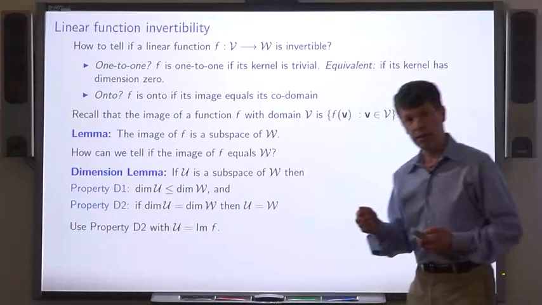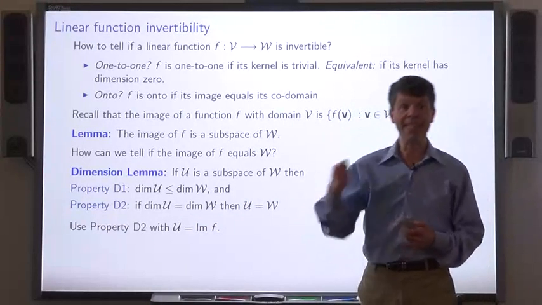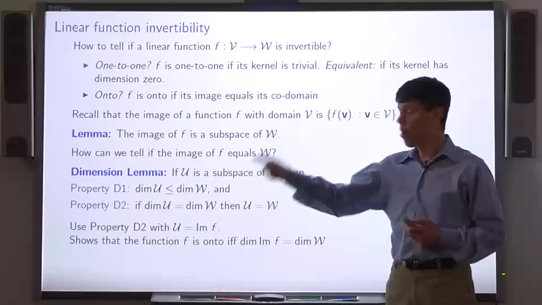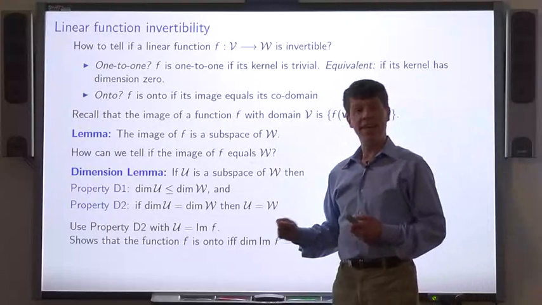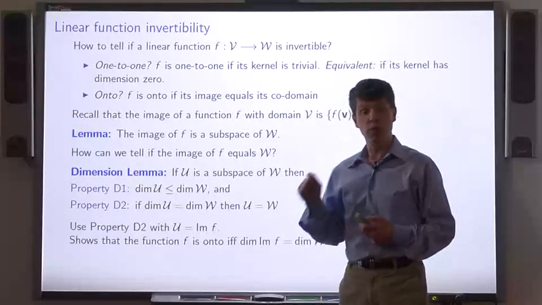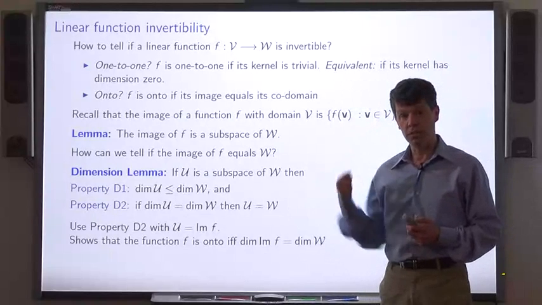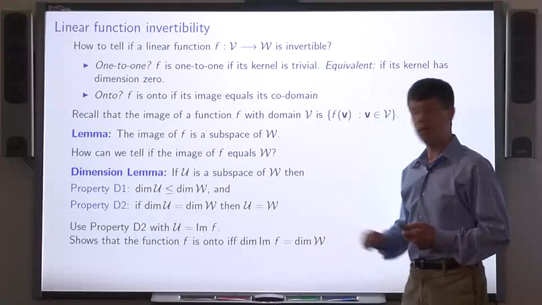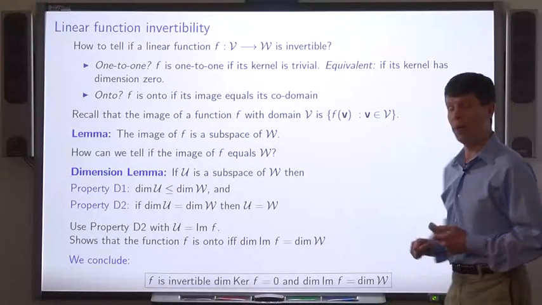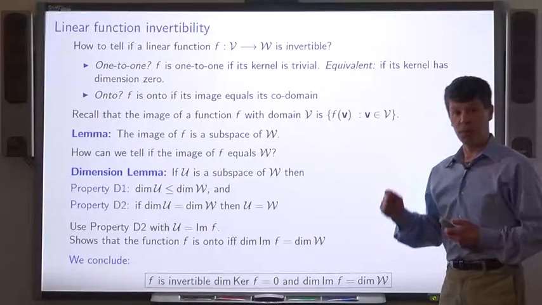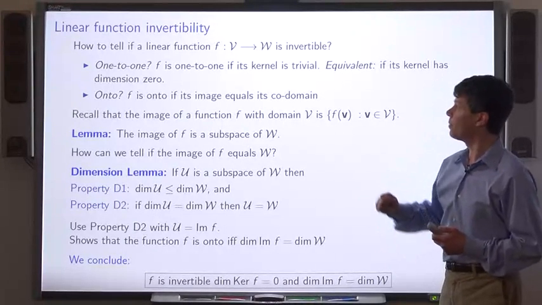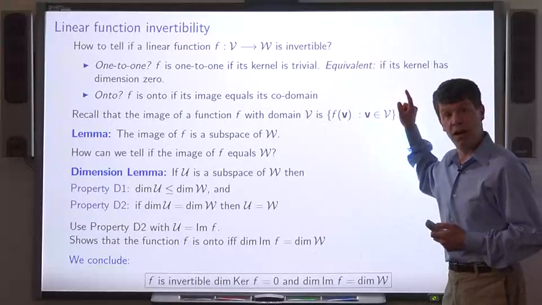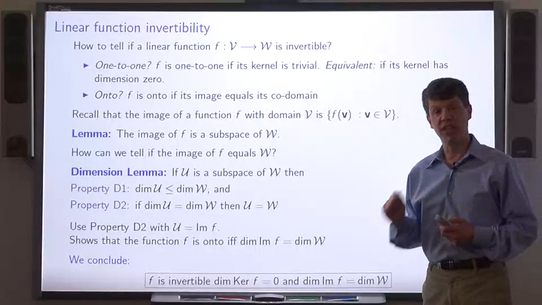Remember, we want a criterion for when the image of f equals the codomain W. Property D2 shows that U equals W if the dimension of U equals the dimension of W. That is, if the dimension of the image of f equals the dimension of W. So we can conclude that f is invertible if and only if the kernel has dimension 0 and the dimension of the image equals the dimension of the codomain.